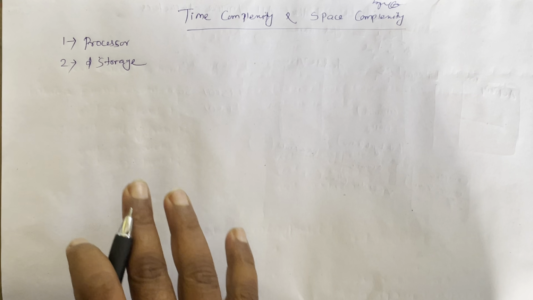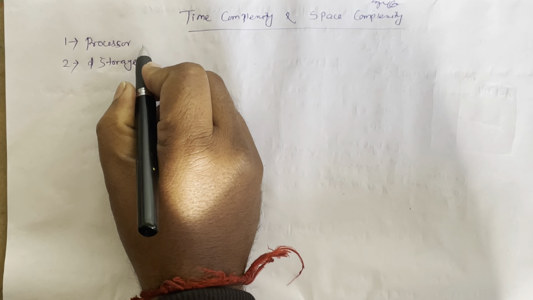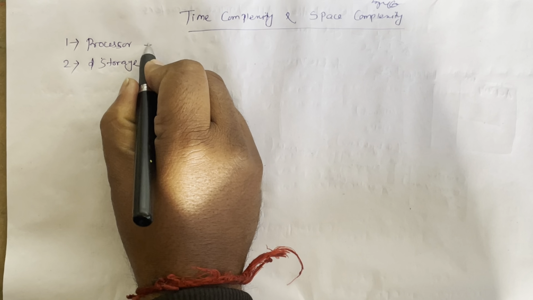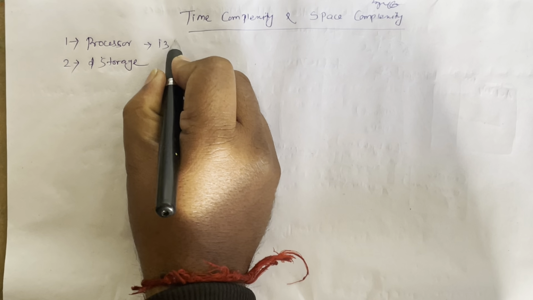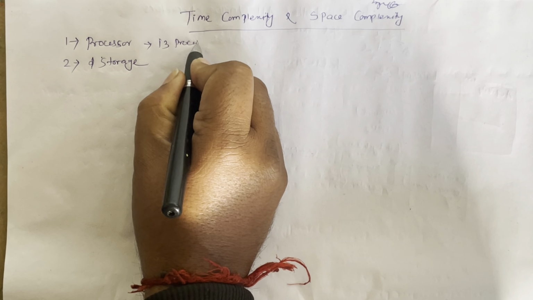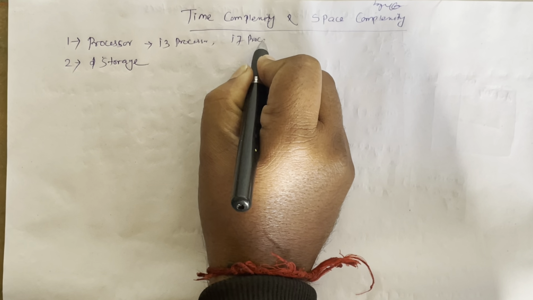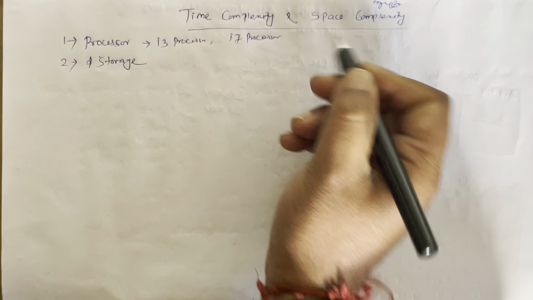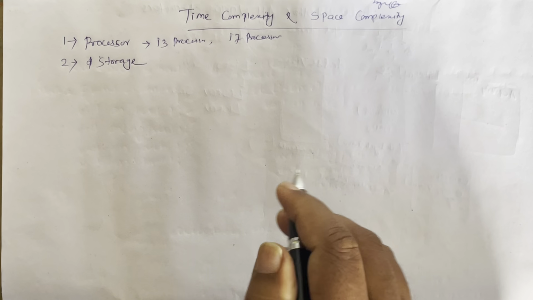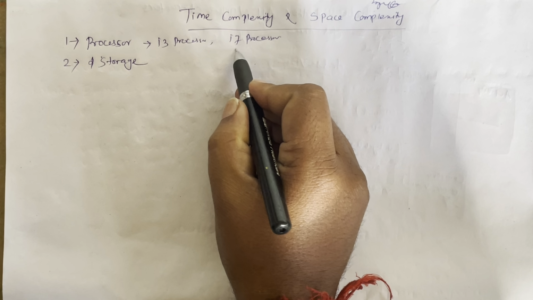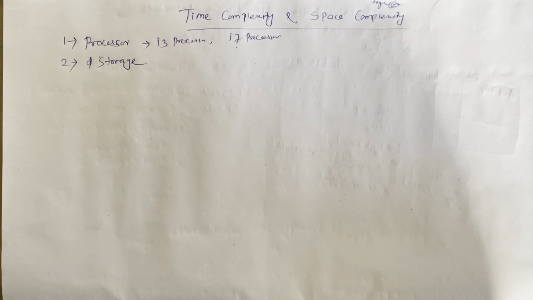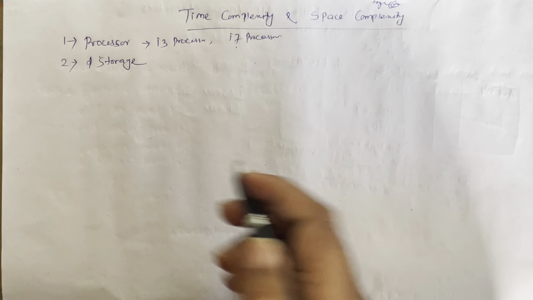If you purchase a system or a laptop which has an Intel i3 processor, and another has an i7 processor, and all other configurations are the same, then you will find that generally the i7 processor price is more than the i3 processor.